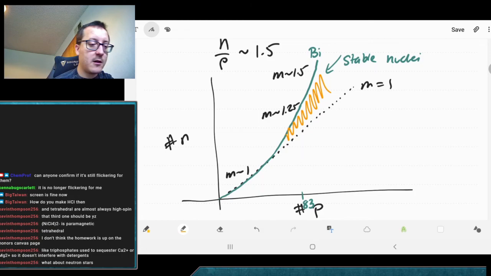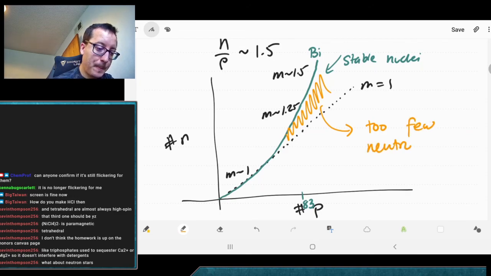Ones that are too far on this side will have too few neutrons, and as a result those will undergo electron capture or positron emission.